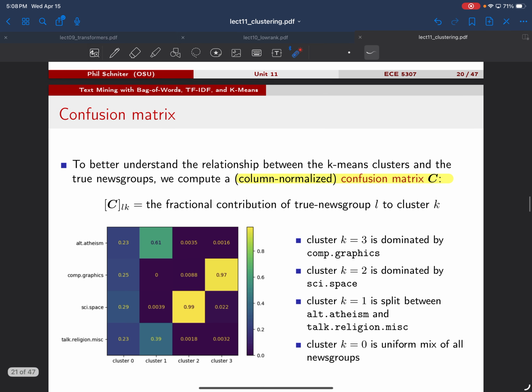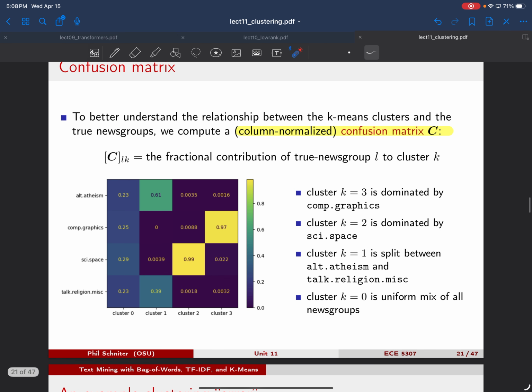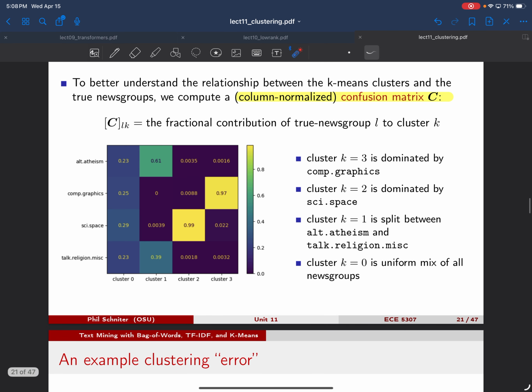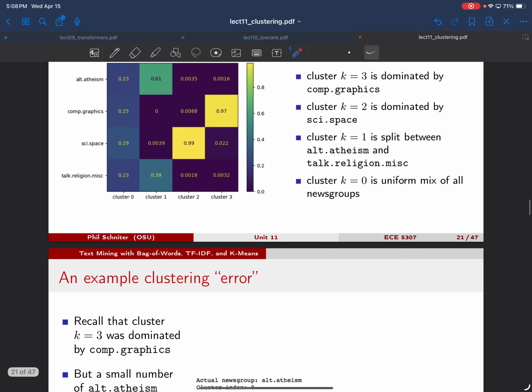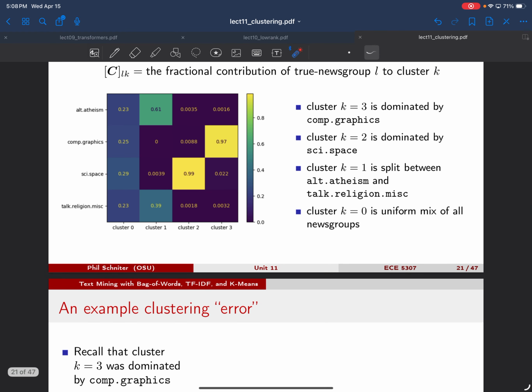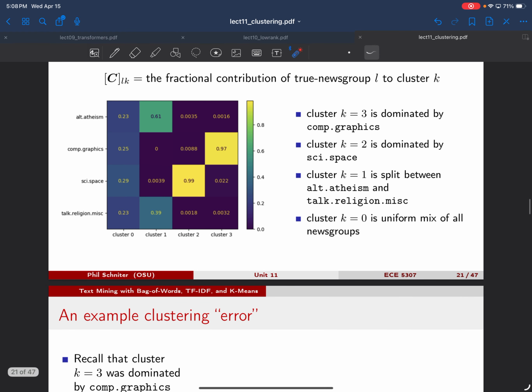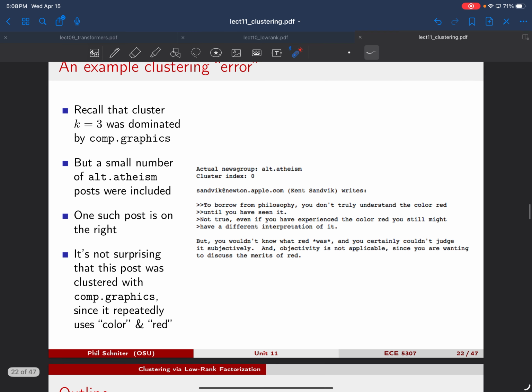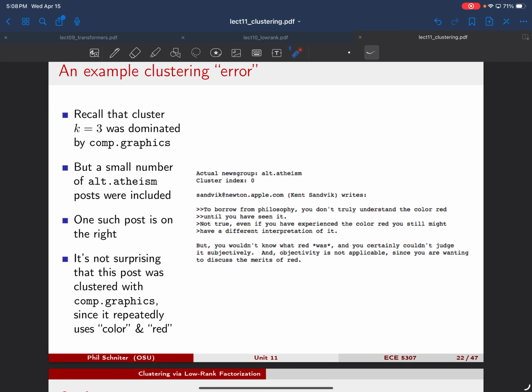Okay, so that's what we have. And then we can even take a look at a clustering error. Let's say we're looking at the computer graphics cluster. You might wonder what happened in some of these errors. This is an example of an alt-atheism post that was clustered as computer graphics.